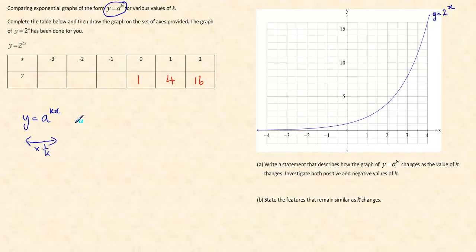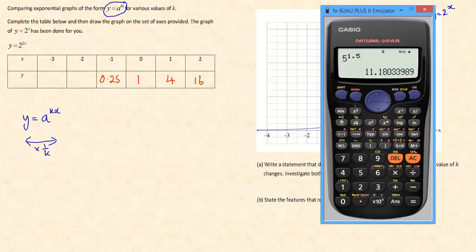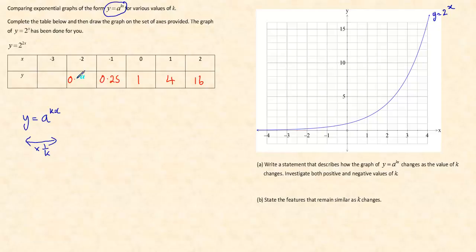When x is negative 1, that's going to be 2 to the negative 2, 1 over 2 squared, which is a quarter, or 0.25. And then I'll do the other values on the calculator. So when x is negative 2, that's going to be 2 to the power of negative 4, and that's 0.0625.